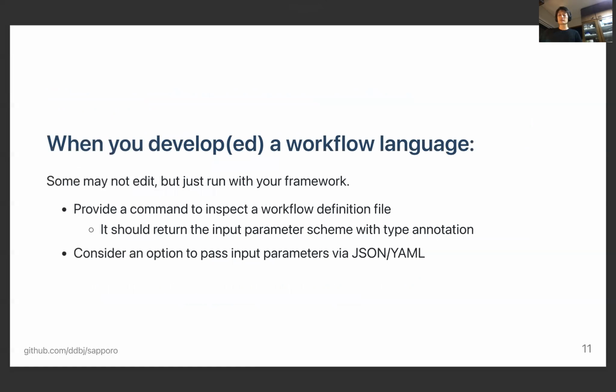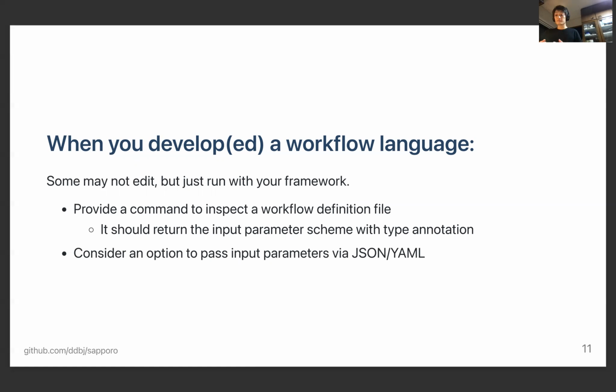When you develop a workflow language, or you are a maintainer of an existing workflow language, sometimes it's very hard to inspect the given workflow definition to extract the required input parameters or such kind of information.